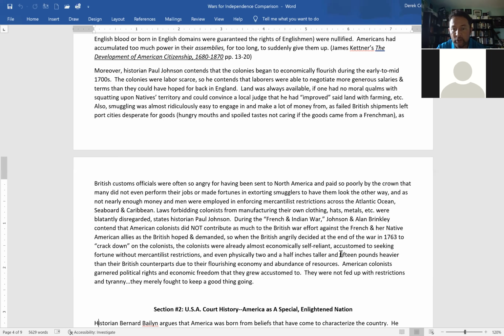And they shut down the colonial assembly, the democratic voice, if you will, of the state of Massachusetts. They shut down the ports. They began confiscating property.